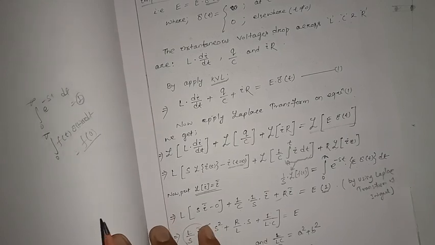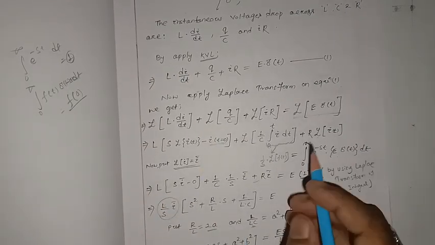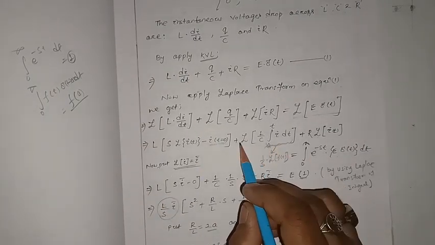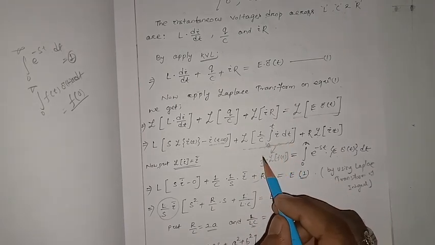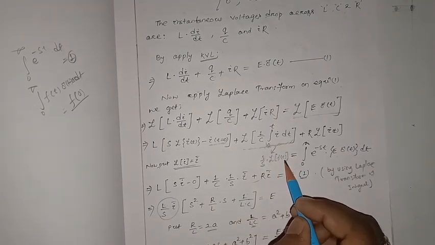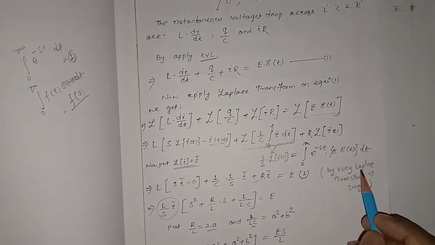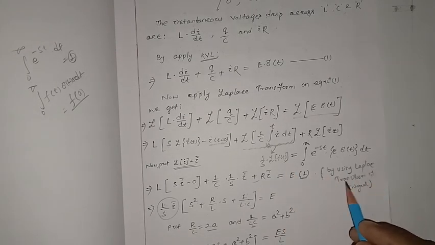Same thing has been written here, and also here I have written that the Laplace transform of the integral from 0 to t of I dt is nothing but 1 by s Laplace transform of f of t by using the Laplace transform of an integral.